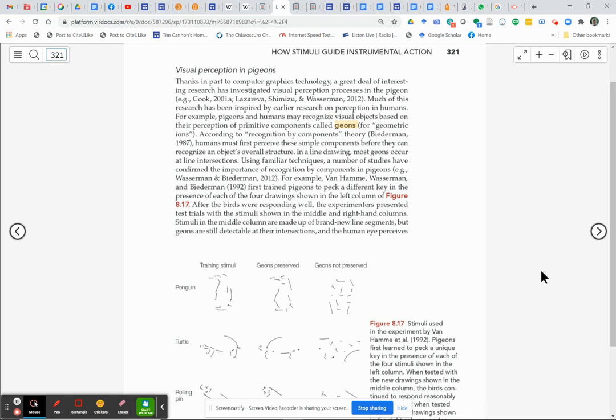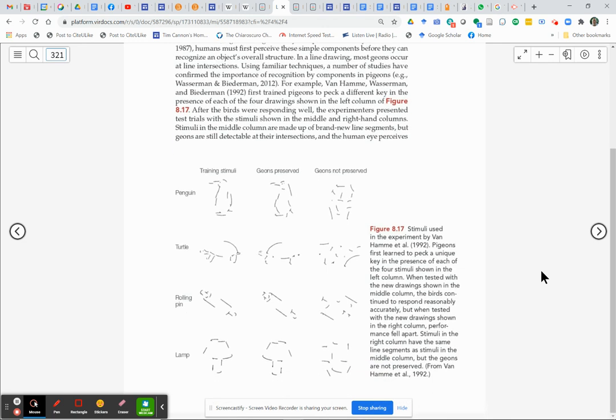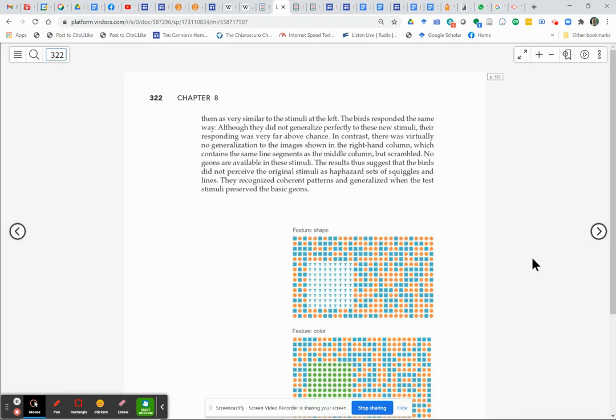So geons, and this is clever research. So you have the original stimulus, and then the second stimulus with or without the geons preserved, and you leave the geons in there, and the animals do much better.